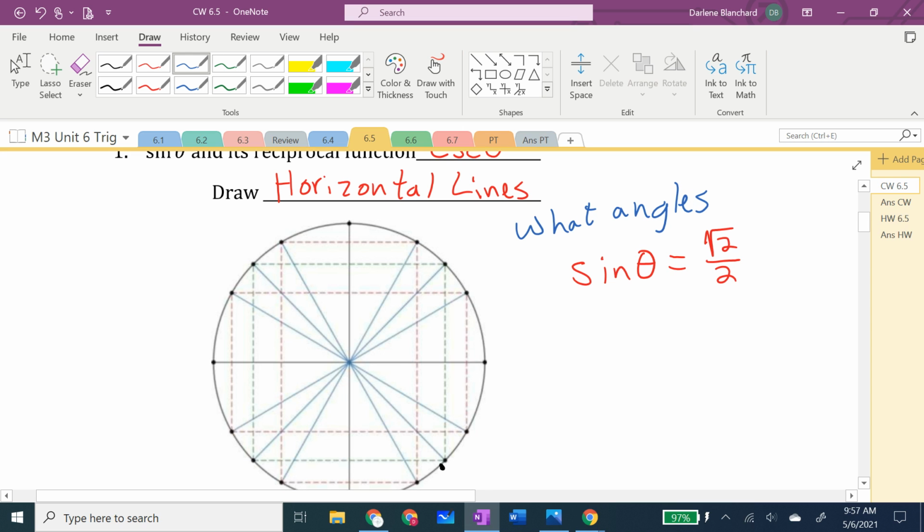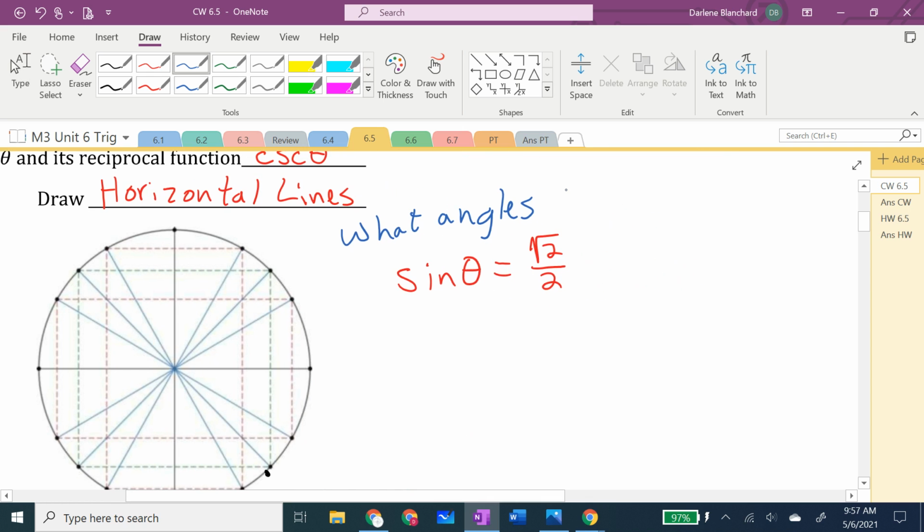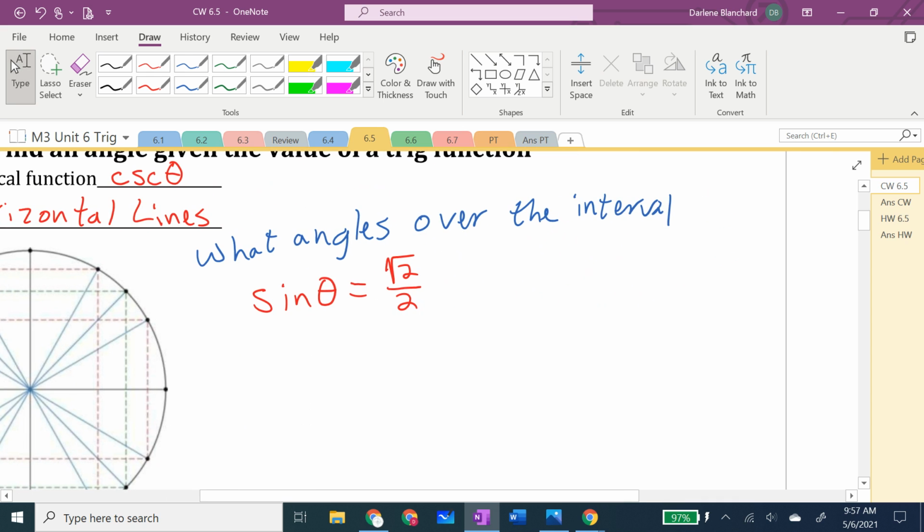I actually need to be more specific than that. What angles over the interval, and I'm going to do including 0 degrees to 360 degrees, but not include 360.